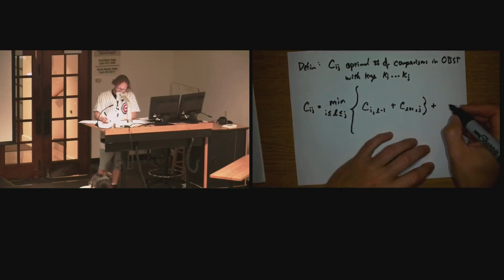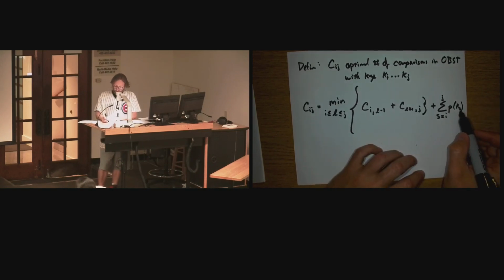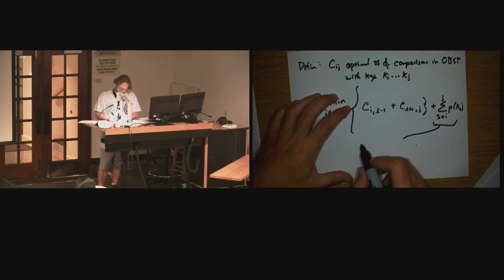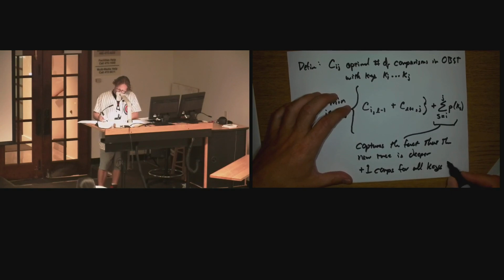So this right here is the fact that the new tree is deeper, and there's keys K, I through K, J. That's why I run it from I up to J. I just needed a new term for that.